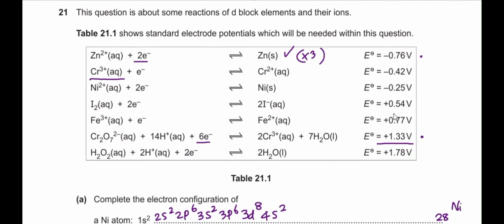Looking into the various reaction systems here, you can see that the electrode potential of the zinc system is more negative than this. Therefore, zinc solid can reduce Cr3+ to Cr2+. Just as earlier, we need to reverse this reaction and write it as an oxidation reaction and also multiply this by 2 to balance the two equations.